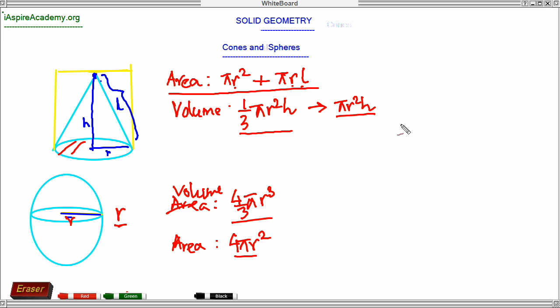Okay, we have a little bit more time, so let's talk about pyramids. Let me draw a few shapes of pyramids so that you know what shape we are talking about. Pyramids can come in a lot of different shapes, but let's draw the basic ones.